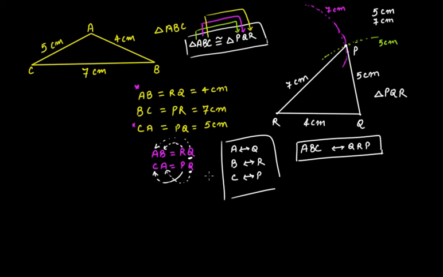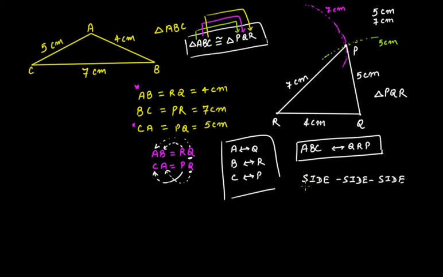Okay, so it means that if you are given that three sides of one triangle are equal to three sides of another triangle, it means that both the triangles are congruent.